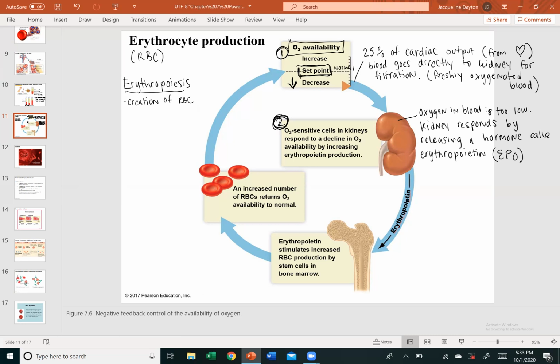So EPO, or erythropoietin, is only released by the kidney in response to low oxygen levels.